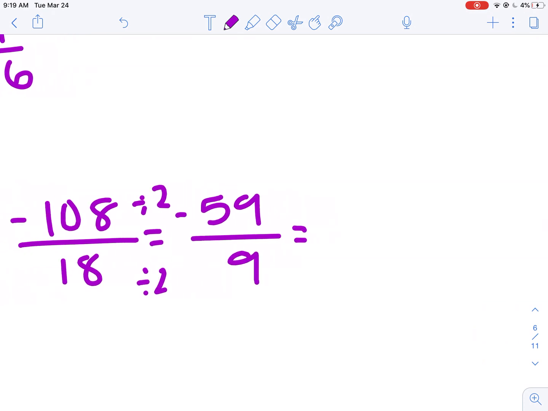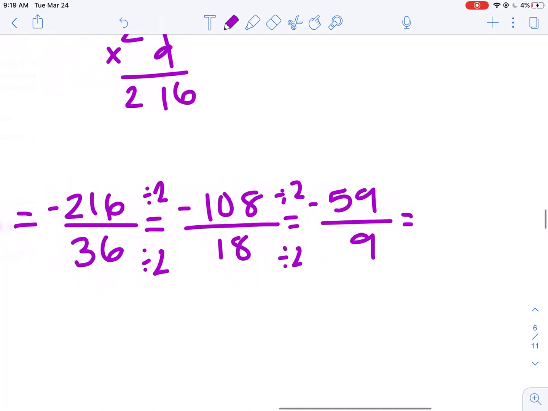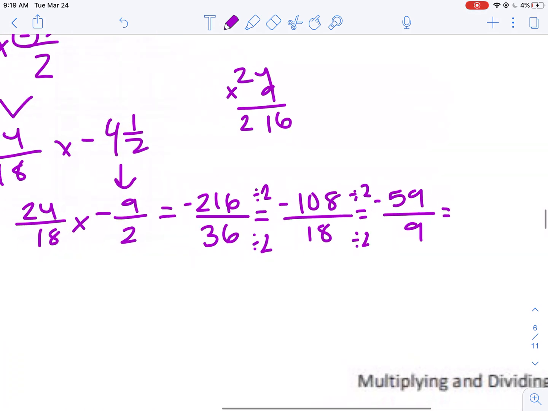And finally, let us see if anything else can be divided here. I don't think so. Hopefully I did not make any mistakes. Divided by 4, divided by 4. Okay.